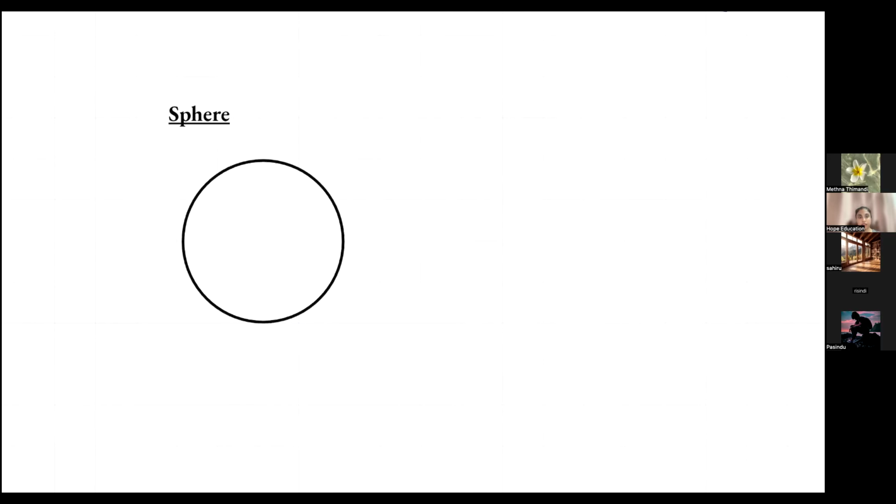So I have a sphere here and you all know the height of a sphere is just the radius, right? For a sphere, all we have to know is the radius. So this is the equation of how to find the volume.